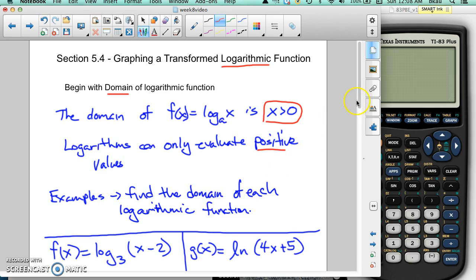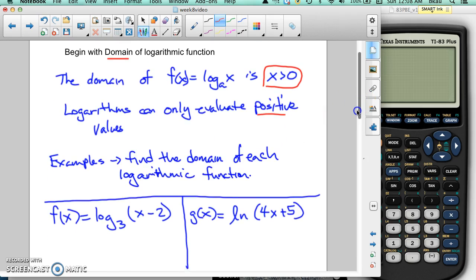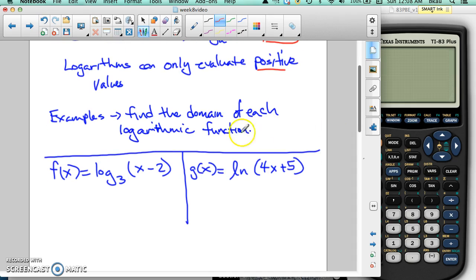All right, so I have two examples here of where we're going to find the domain of each logarithmic function. These are transformed functions. So in this case, we want to make sure that this value inside the logarithm is greater than 0, or positive.